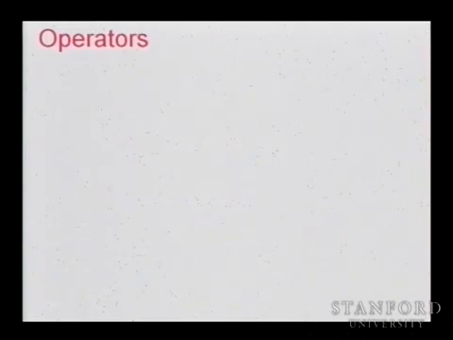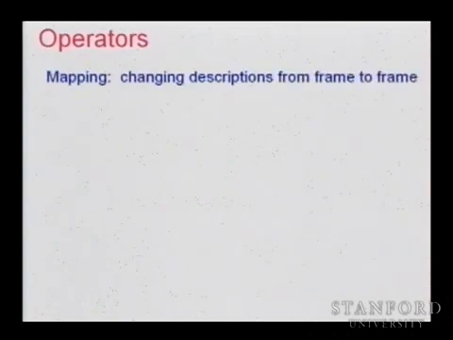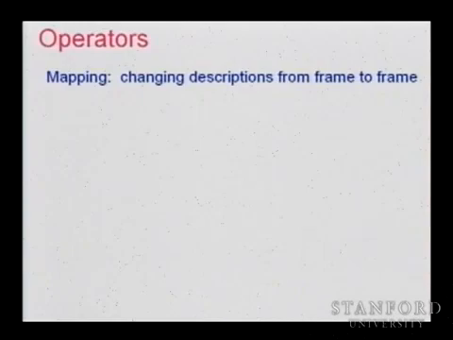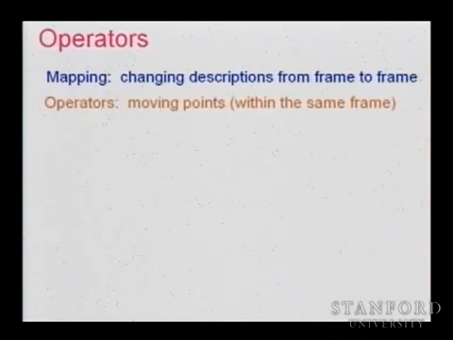But now I'm going to take the rotation matrix and use it to rotate a vector. So the vector was here. I'm going to rotate it by the rotation matrix. So I said the mapping is changing descriptions. An operator is moving those points in space.